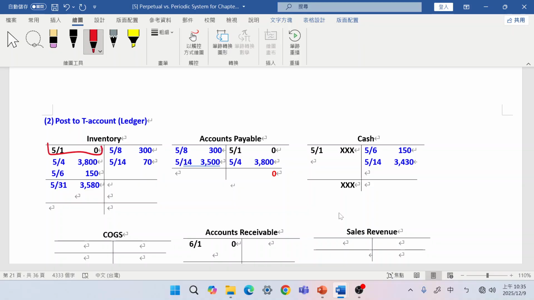For inventory, this is the beginning balance, 起初余额. So this is your beginning inventory, 起初存货. For your accounts payable, did you find out the beginning balance, 起初余额?